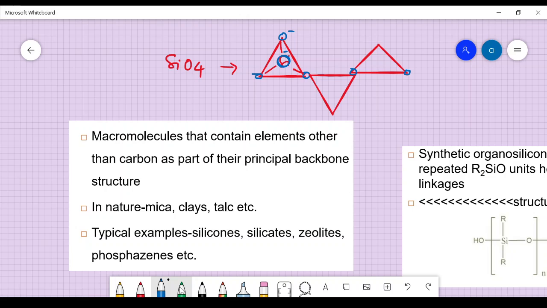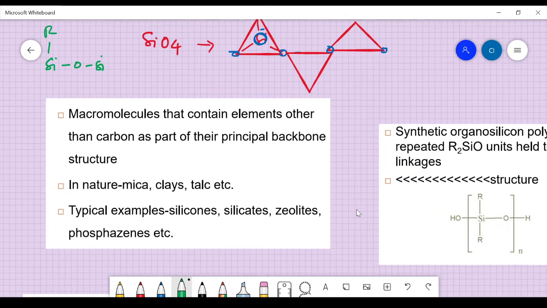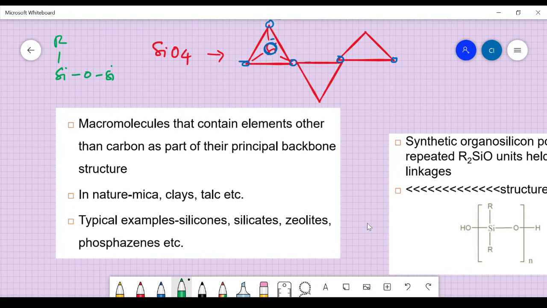But with silicones, you'll have something like SiO, Si, and this will be connected by means of some alkyl groups. Here you've got SiO, and then you can have another Si link there, but it will be replaced by H here.